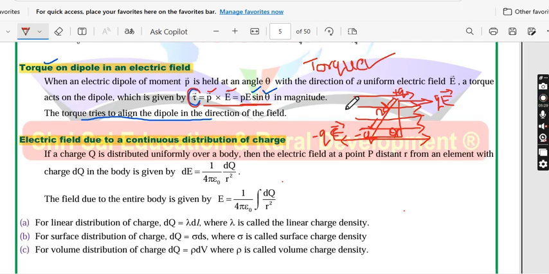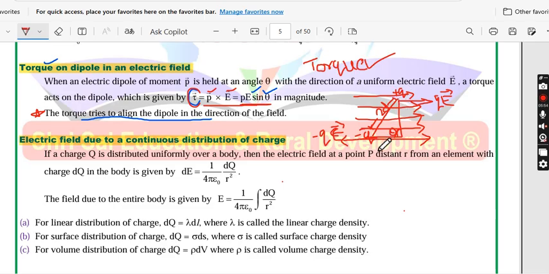which is equal to pE sine theta in magnitude. Another important point to note here is that the torque tries to align the dipole in the direction of the field. So whatever the direction in which the electric field is passing, in that direction the dipole tries to align.